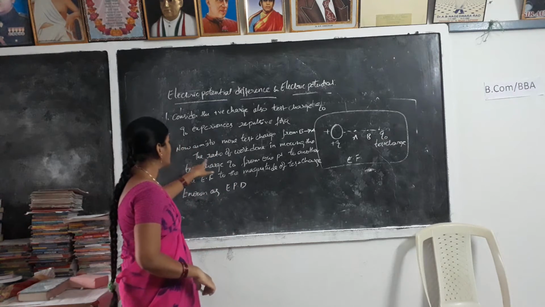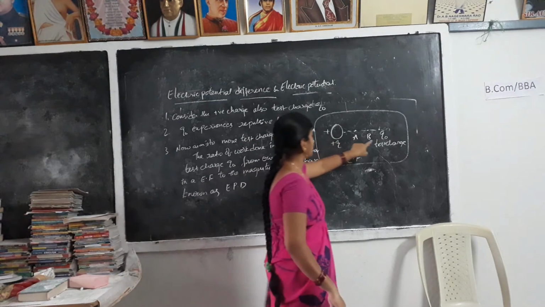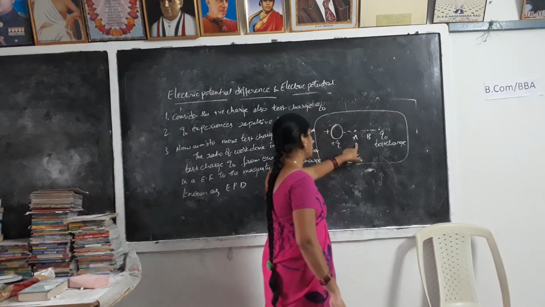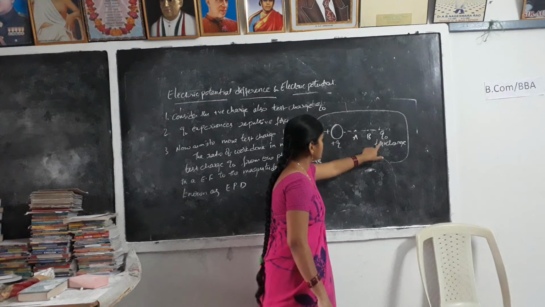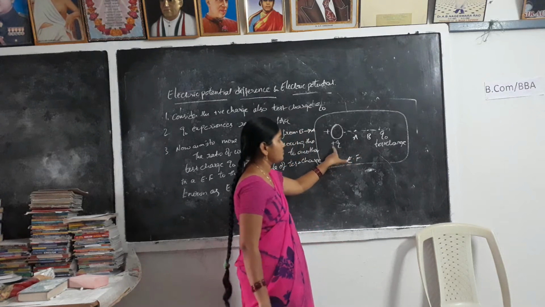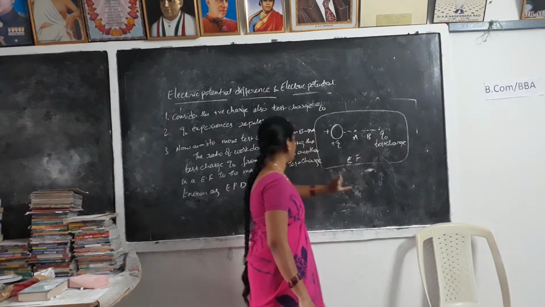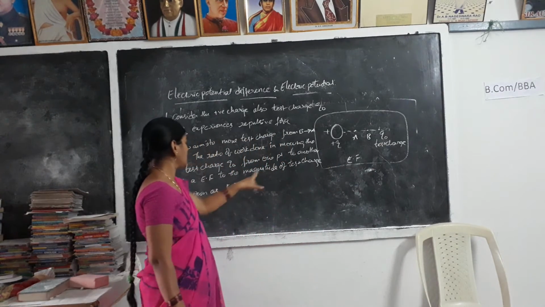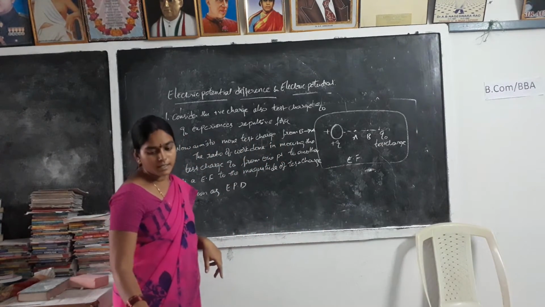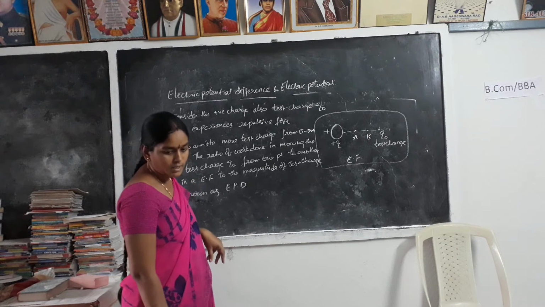So the ratio of work done in moving the test charge from one point to another point in an electric field to the magnitude of the test charge is known as electric potential difference, right?